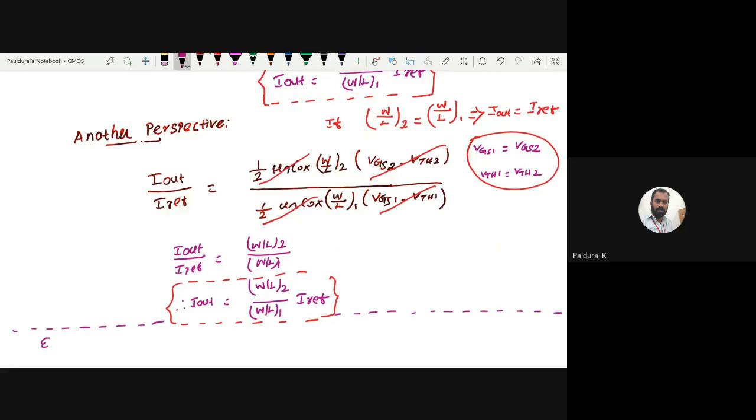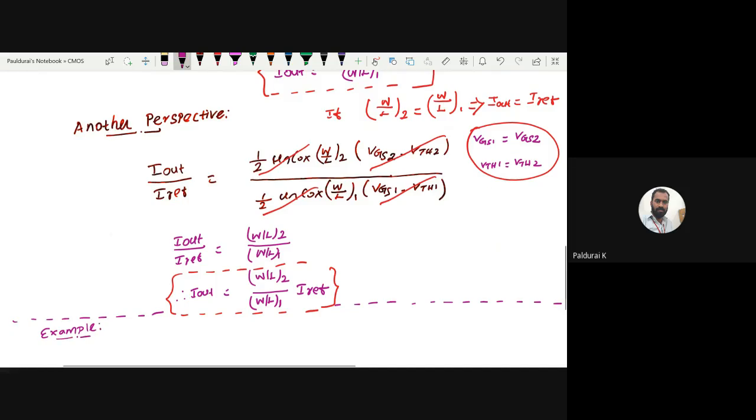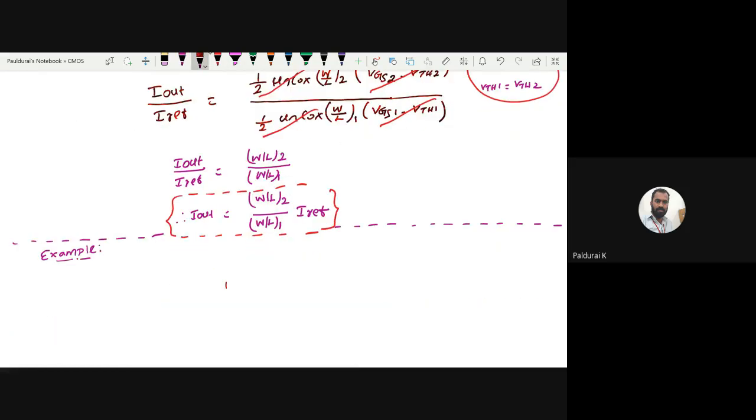We will play with some examples in order to understand it better. Now I am having one cascode amplifier, right? Let me play with this just for your understanding. This is my VDD, and here I am having some current source, some VD.